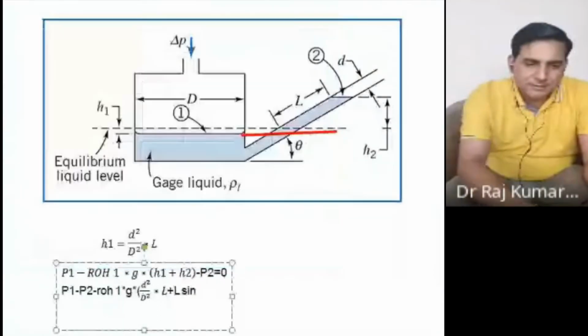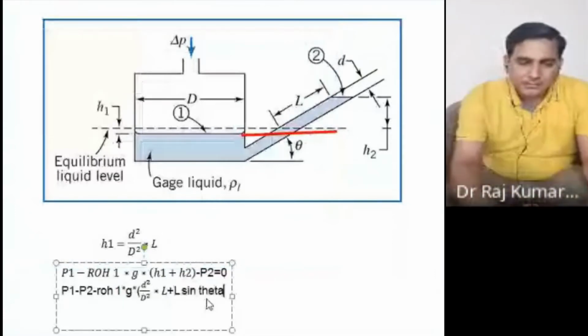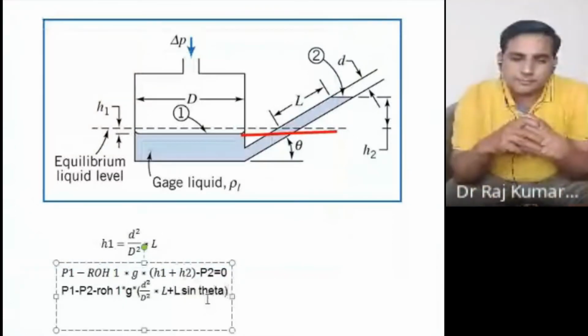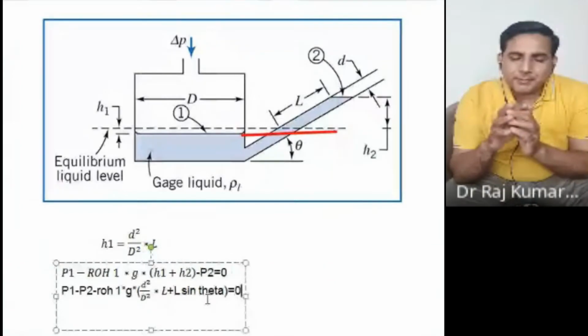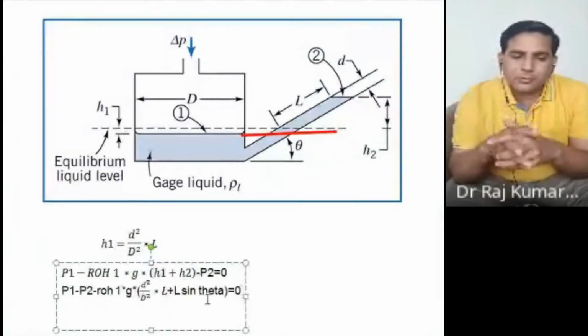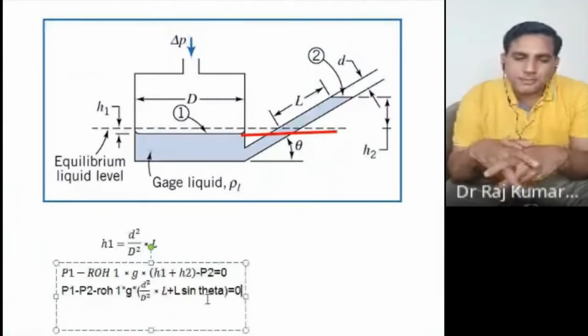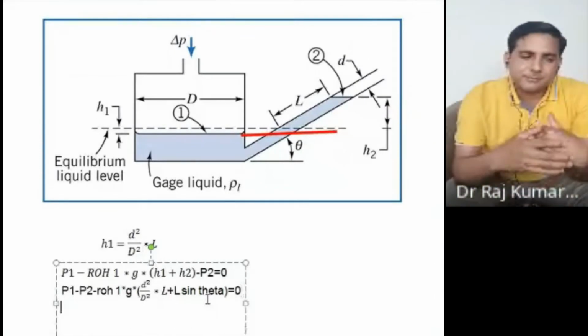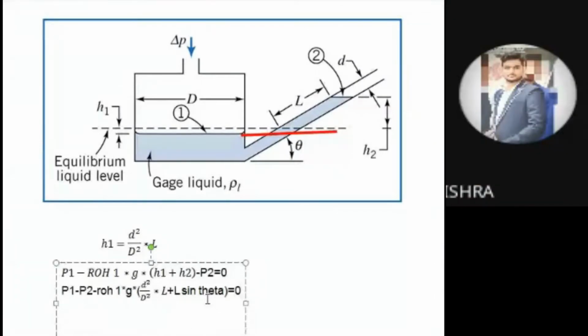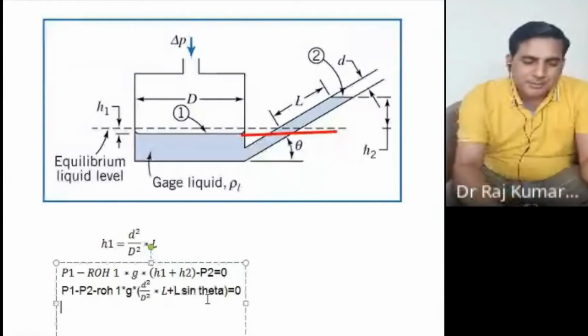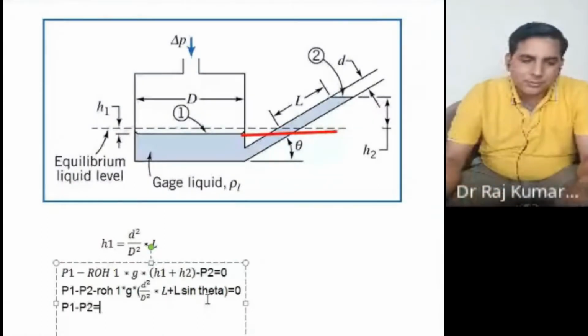I can just write the theta for time being, bracket close, equal to again 0. So can you get the expression now for P1 minus P2? What would be that? Delta P. So P1 minus P2 is delta P. What would be the expression here? This whole thing?